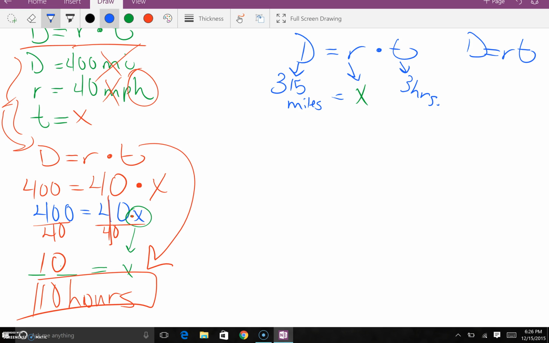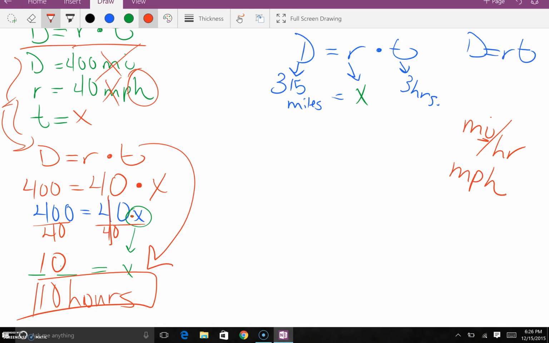So already we know that our rate is going to be miles per hour. You can say it two different ways: miles per hour, or mi per hour.